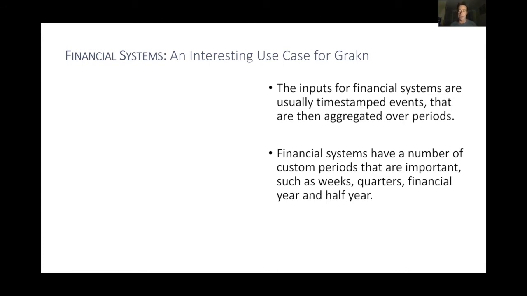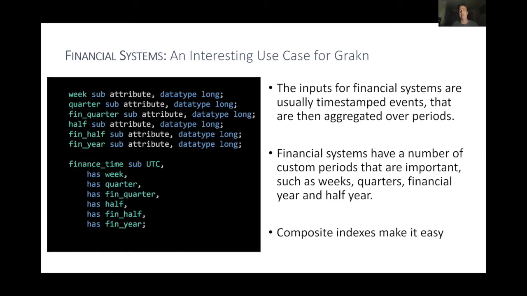If I was doing a 3-shift operation, perhaps I might look at the hour level, but in general I'm not aggregating data at anything more precise than an hour. But I've also got a number of custom periods, and composite indexes make it easy.